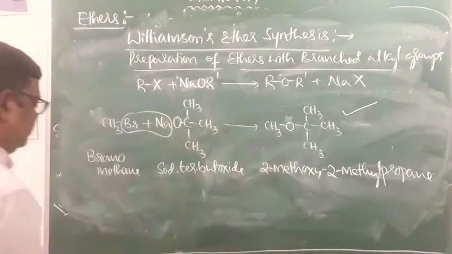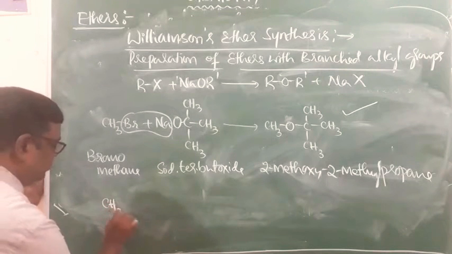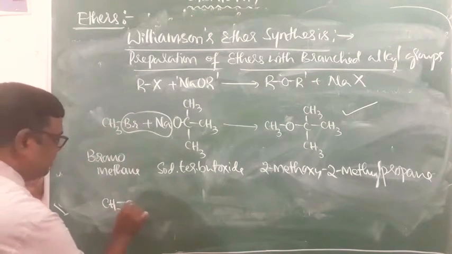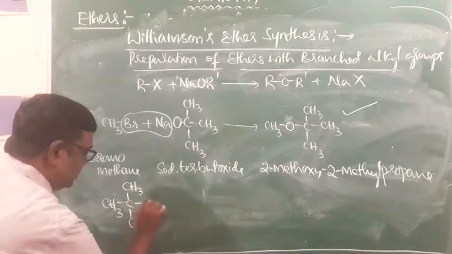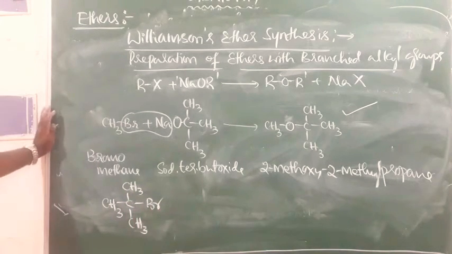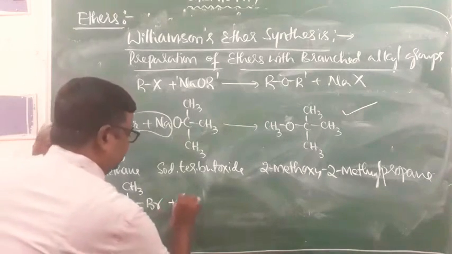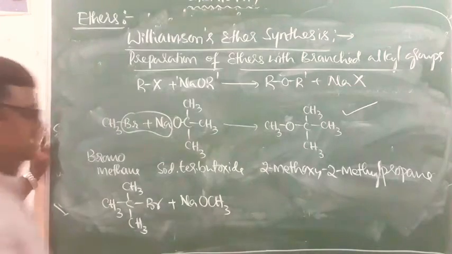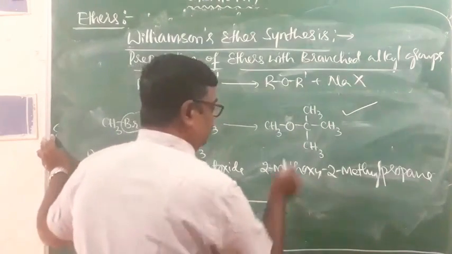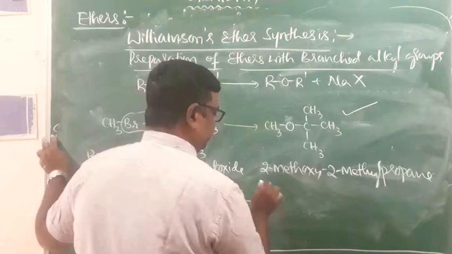If I reverse it, here I used a primary alkyl halide. Instead of that, I will go for a tertiary haloalkane, tertiary butyl bromide, plus NaOCH3, and we expect this.